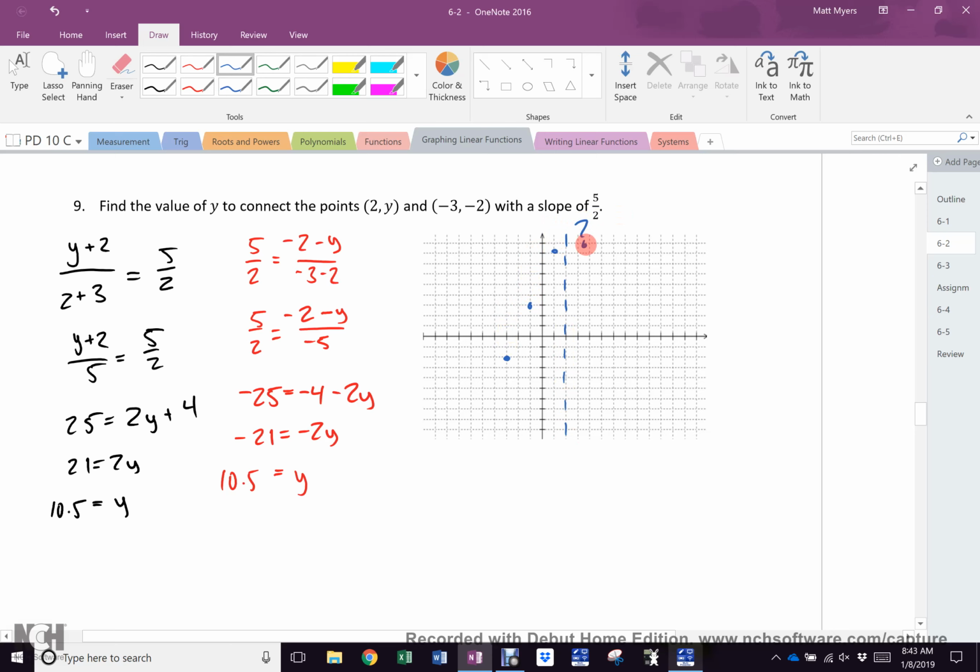Number 9 discusses what Brendan asked me about earlier. Do you just use graphing to check? Sometimes you can't even do that because what happens in number 9? I go off the graph. My only option to solve number 9 graphically is to do what to my graph?